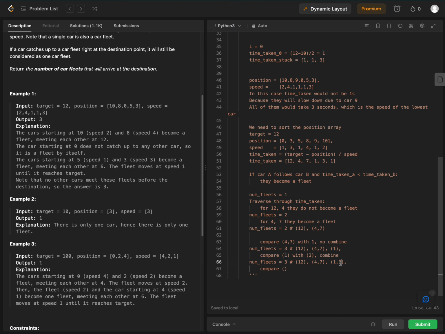This one, the slowest speed is 3. The slowest speed here is 3. We're comparing 1, 3 with 1. This does not combine. So altogether we have num fleets equals to 4.